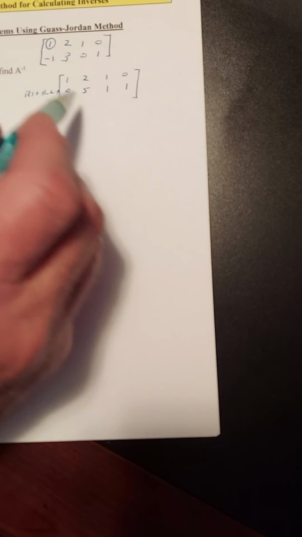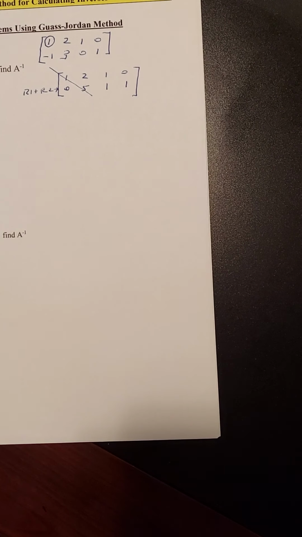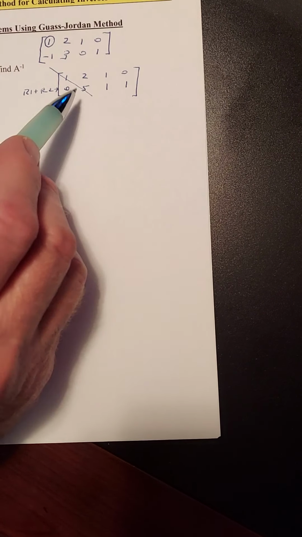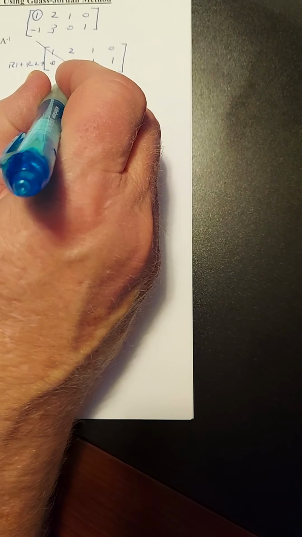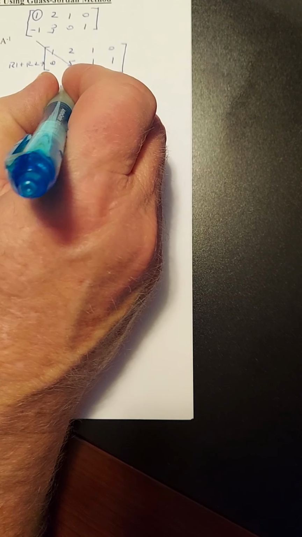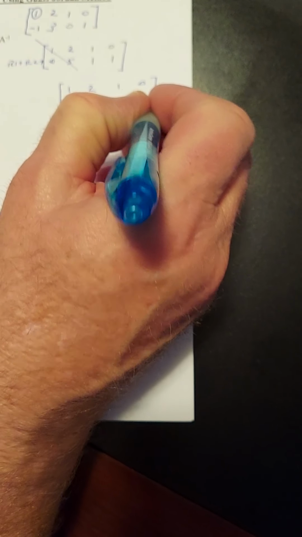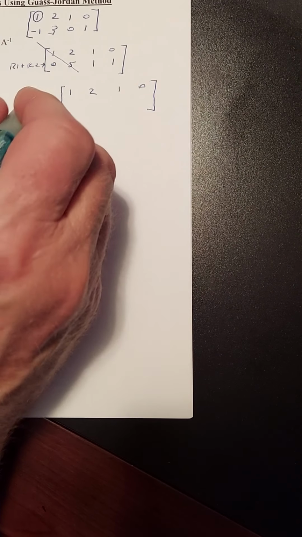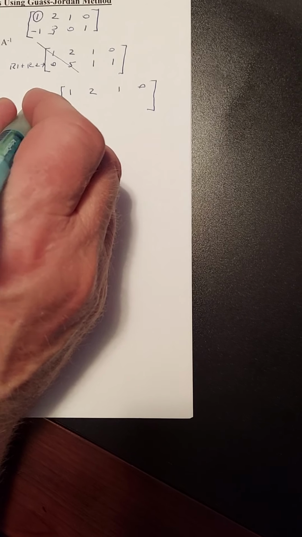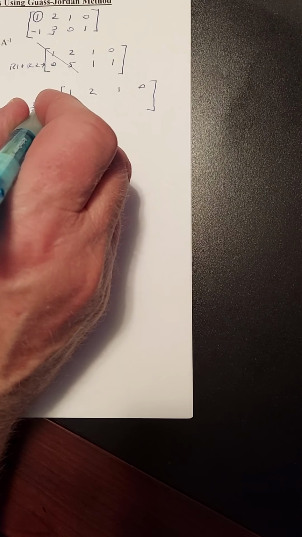And we go to the second column. Here's your diagonal. You want to get a 1 where the 5 is. Top row stays the same. And to get a 1 here, we're simply going to take 1/5 row 2.